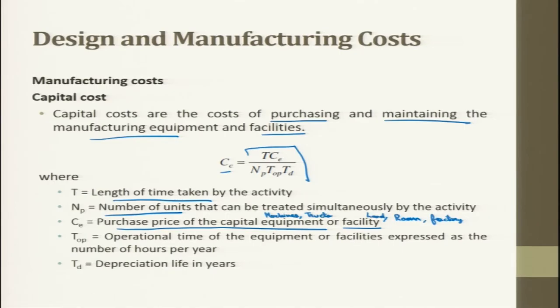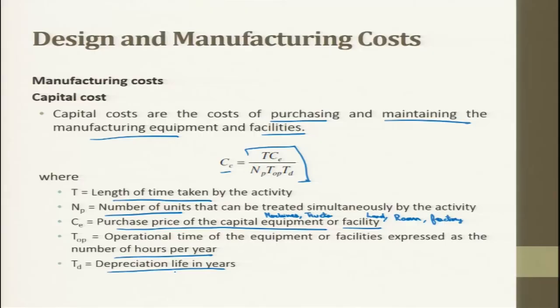TOP is the operational time of the equipment or facility, expressed as the number of hours per year. TD is the depreciation life in years, because we are talking about the capital cost. There is always life cycle cost associated with anything that we purchase. Life cycle cost I will discuss at the end of this presentation, where a brief introduction to that would be given. Always things are deteriorating with time, and there is always a replacement value.